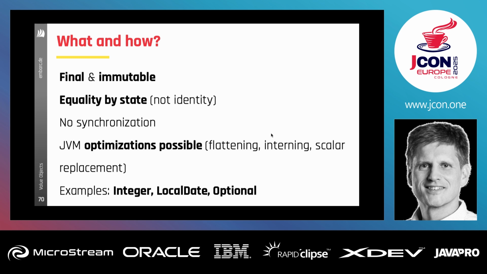They are examples of these value-based classes, of this pattern. The idea is to get new implementations. So the new Integer from Java 26, 27, whenever it will start, will be a value class implementation, as well as LocalDate and Optional.